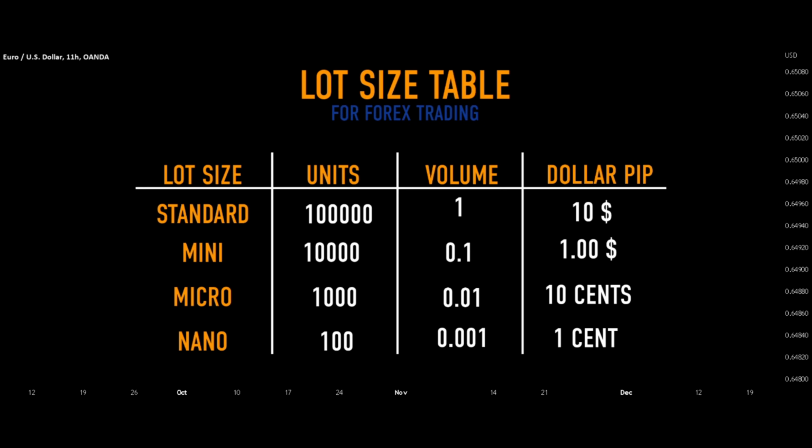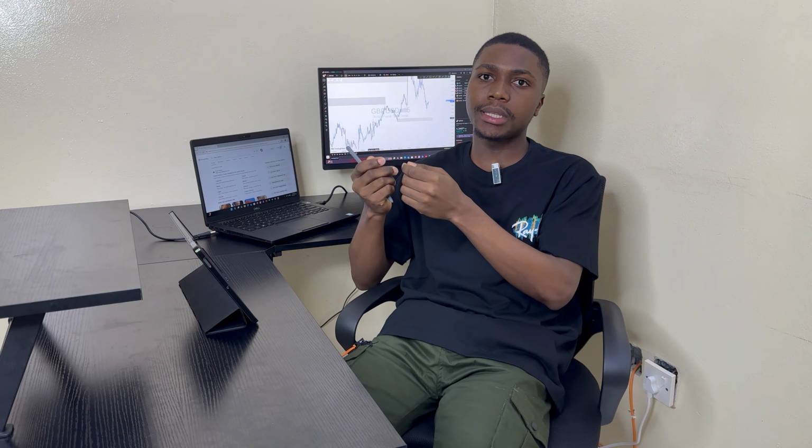But now we talk about lot size. When we talk about lot size in trading, lot size is simply the volume, the purchasing power. Let's take for instance, if we are retail traders in terms of physical goods. We are buying phones from a bigger market, then retailing in a smaller market, right? I'm having enough money to buy 20 pieces, while my friend has money to purchase just 5 pieces.